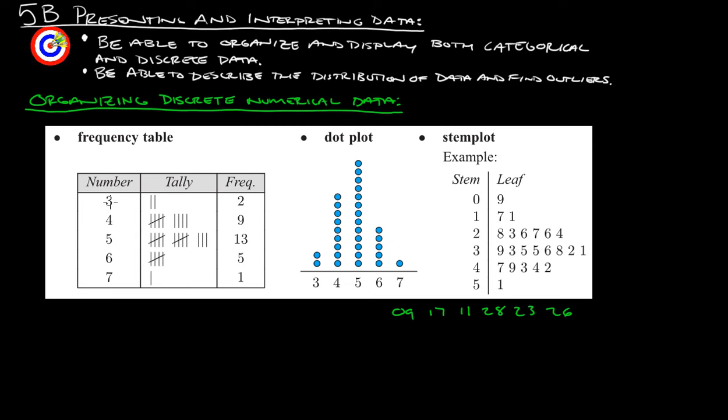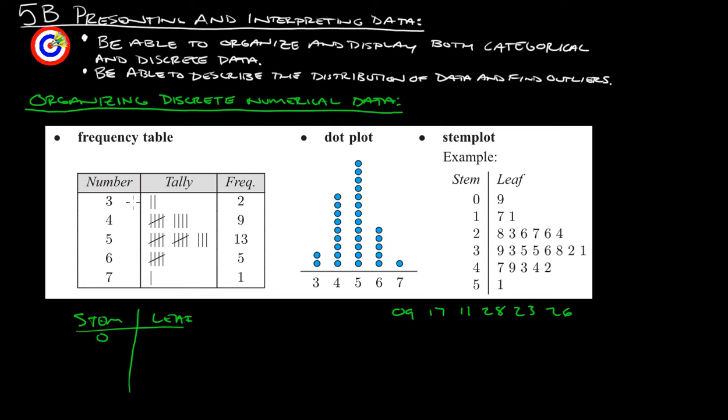This one would not be a really good one to show as a stem and leaf plot, because if you show this as a stem and leaf, the stem and the leaf are all single-digit numbers. So your stem is going to be 0 on all of these.